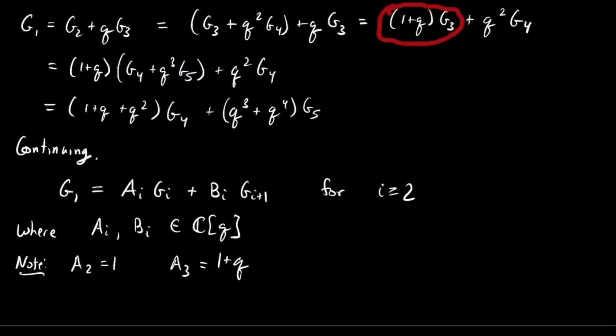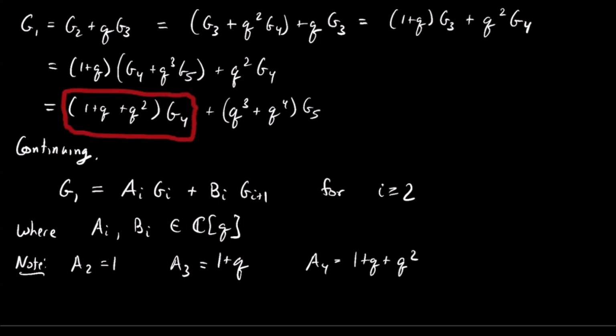A4 is 1 plus q squared, and that's just our coefficient of G4 when we did our rewrite. And of course, we can also figure out what the B's are. So B2 was q, B3 was q squared, and B4 was q cubed plus q to the 4th. So we're going to focus primarily on the A's. The B's are not going to be as important for us.